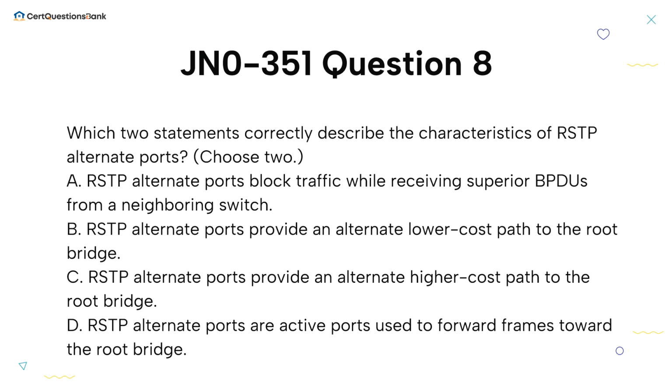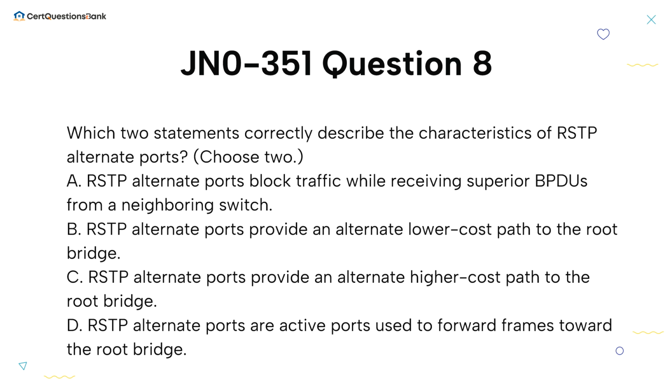Which two statements correctly describe the characteristics of RSTP alternate ports? Choose 2. A. RSTP alternate ports block traffic while receiving superior BPDUs from a neighboring switch. B. RSTP alternate ports provide an alternate lower cost path to the root bridge.